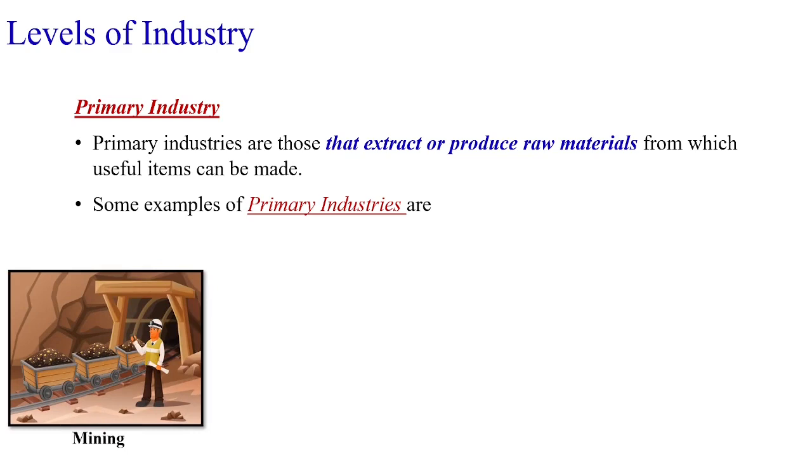Mining is primarily carried out to extract valuable metals from the earth's crust. These resources include iron, copper, gold, silver and many other metals. These metals are the essential raw materials for various industries. As it produces raw material, mining is considered a primary industry.